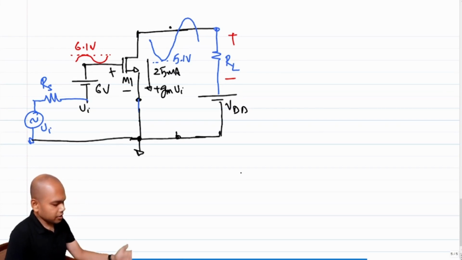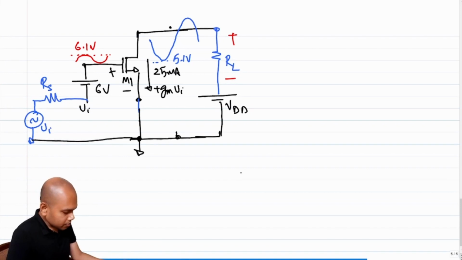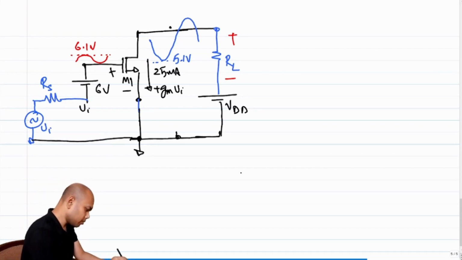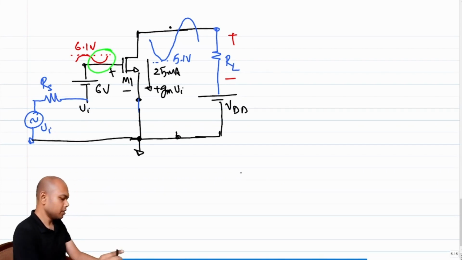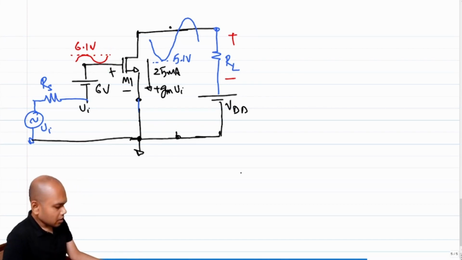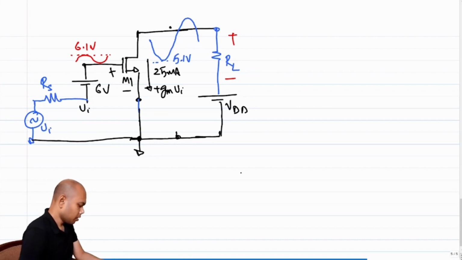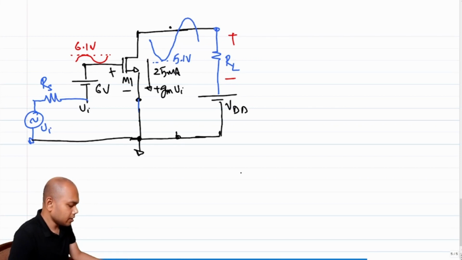So what about the case when the input is falling, right? So what about this cycle? What about this cycle? So is there a problem if the input goes low?